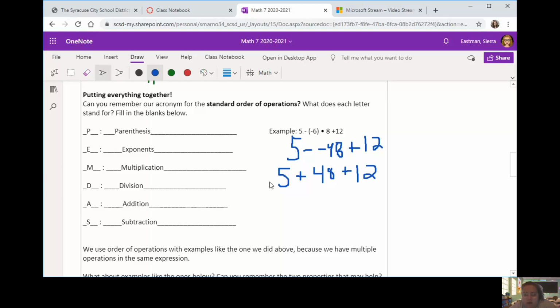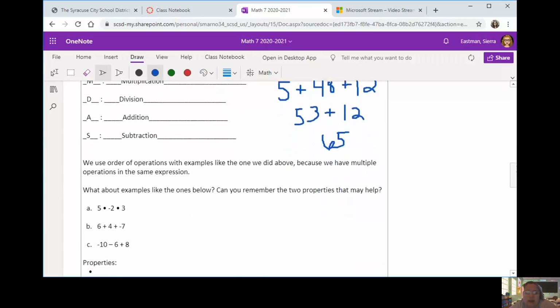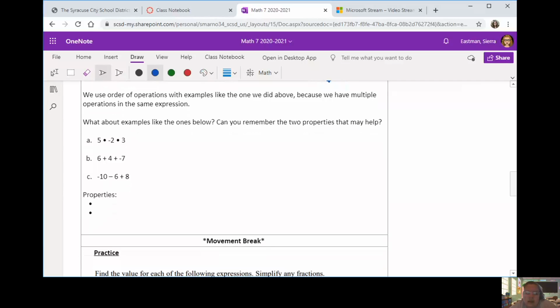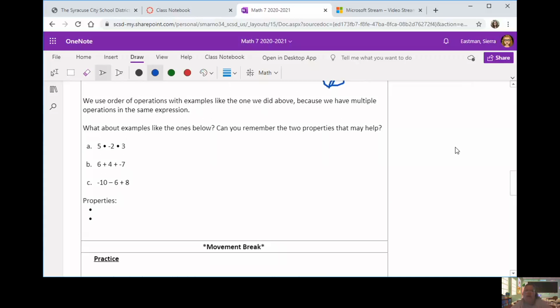But for now, let's go from left to right. 5 plus 48 should give me a 53. And then I'm adding 12, and we should get a 65. Okay, I read it from left to right. Wouldn't really matter if we did that because of some properties we're going to talk about now. Who remembers our two properties from the very beginning of this year?